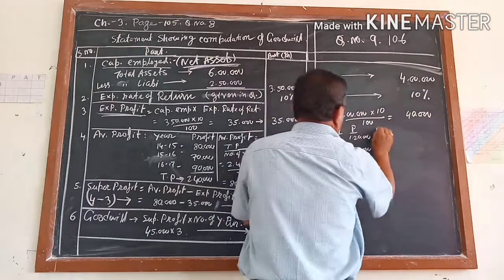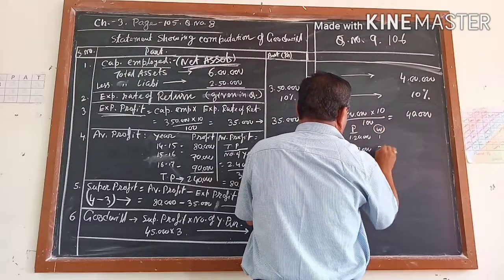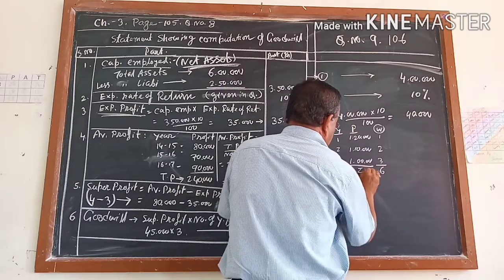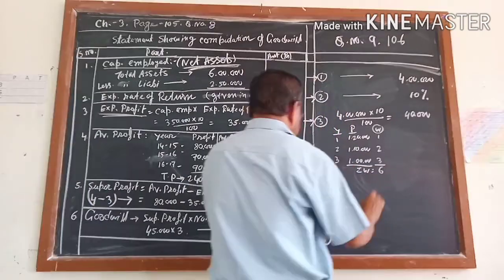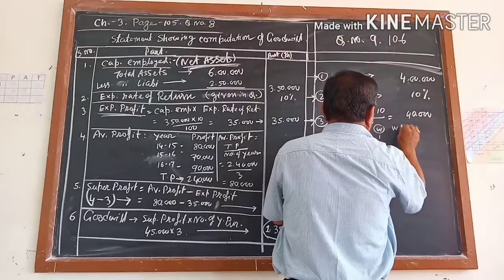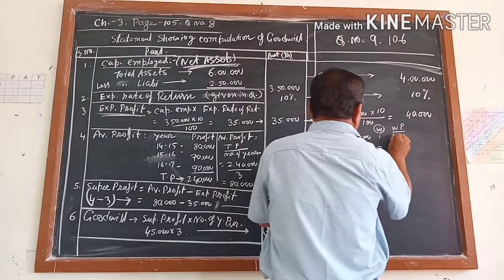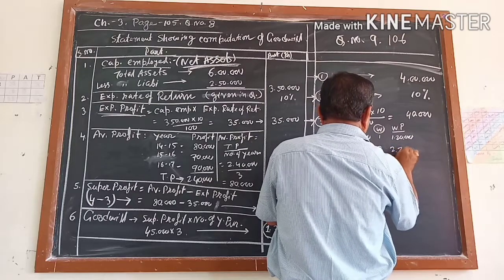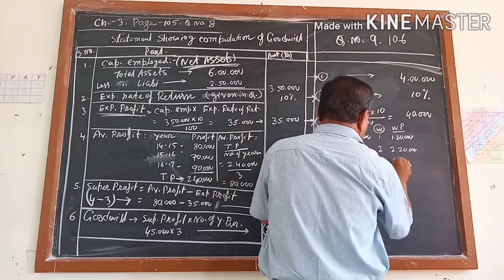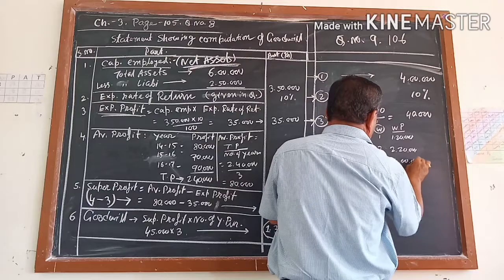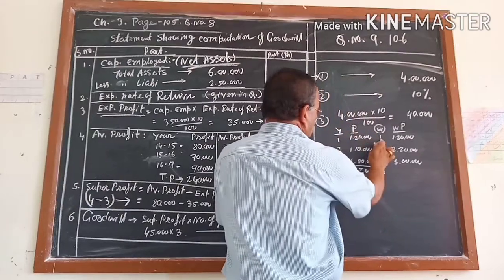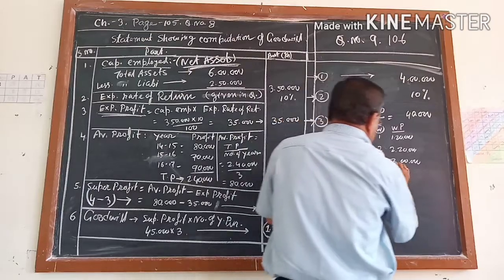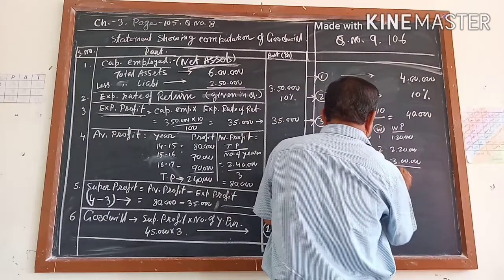This is weight W: 1, 2, 3, sigma W is equal to 6. This is WP, weighted profit: 1 lakh 20 into 1, 1 lakh 10 into 2, 1 lakh into 3, that is 1 lakh 20, 2 lakh 20 and 3 lakh, which comes to 6 lakhs 40.